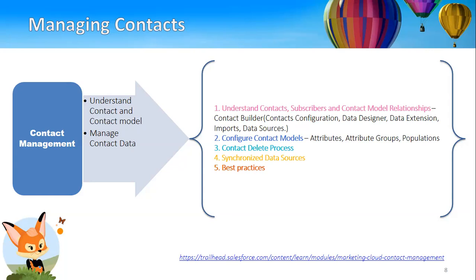But if you want to delete some 1 million records or 2 million records, then what is the best approach? We do have some APIs for contact deletion, and you can also run some queries and gather all the contacts you don't require, store their details in one particular data extension, and with the help of the API, initiate the process of contact deletion.